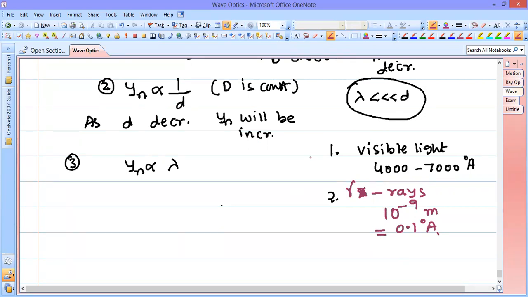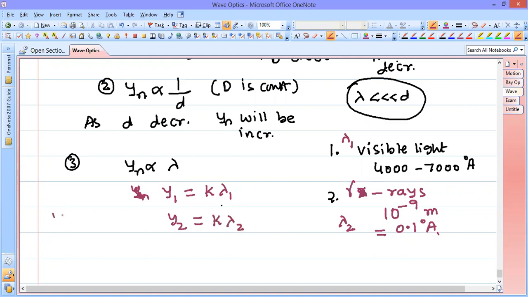Now, let us consider the wavelength of visible light is lambda 1. So, I will consider the fringe width as y1 equal to k into lambda 1. Now, the wavelength of gamma rays, I will consider as lambda 2. That is y2 equal to k times lambda 2.